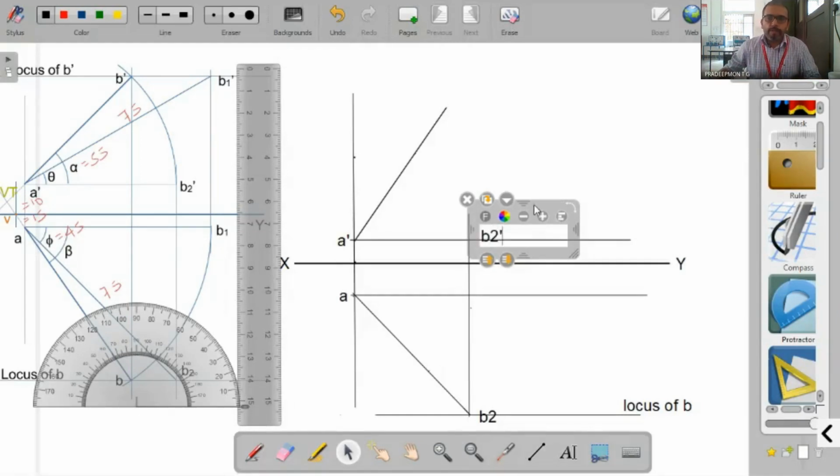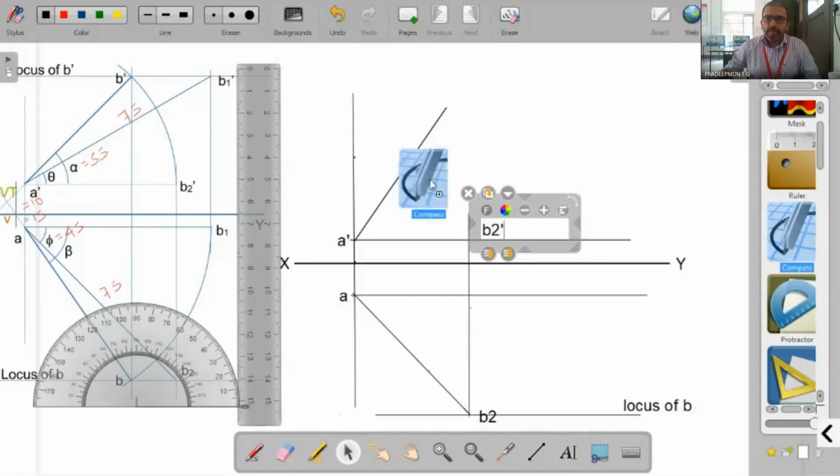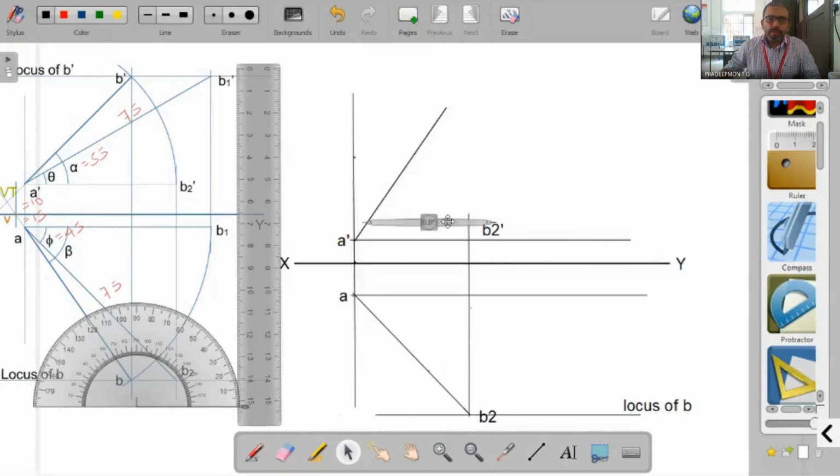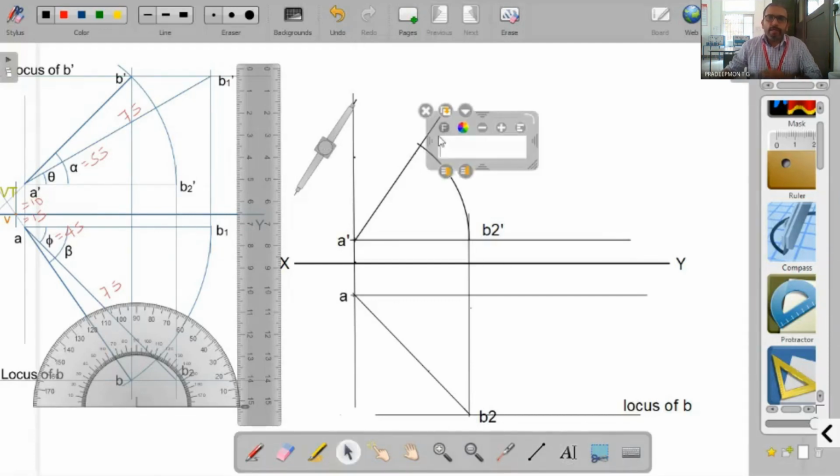Okay. And now using your compass, you can draw the arc with A dash as center and A dash B2 dash as radius. You can draw the arc to intersect with our previously drawn line, and the point of intersection of this arc with this line will be our B dash.